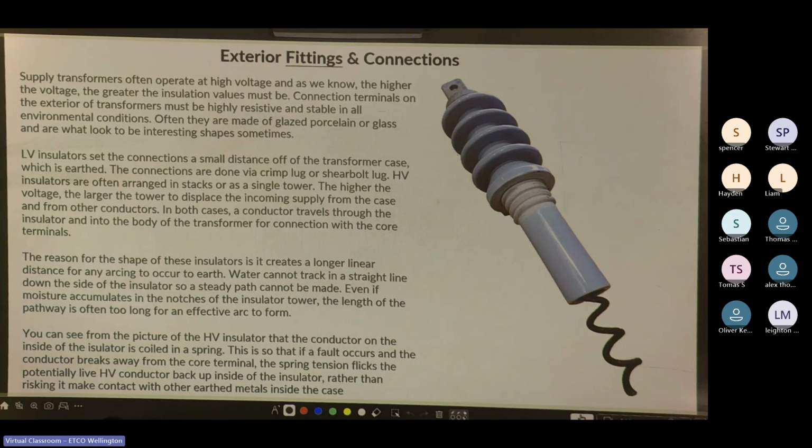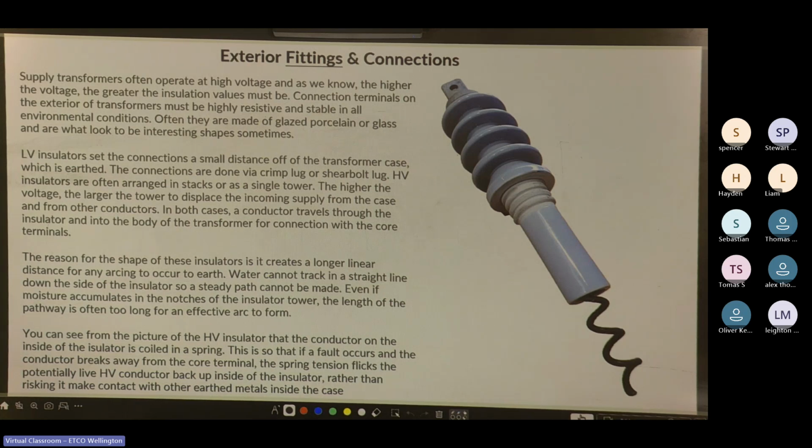So low voltage insulators set the connections a small distance off the transformer case, which is earthed. The connections are done by a crimp lug or shear bolt lug. High voltage insulators are often arranged in stacks or as a single tower. The higher the voltage, the larger the tower to displace the incoming supply from the case and from other conductors in both cases.